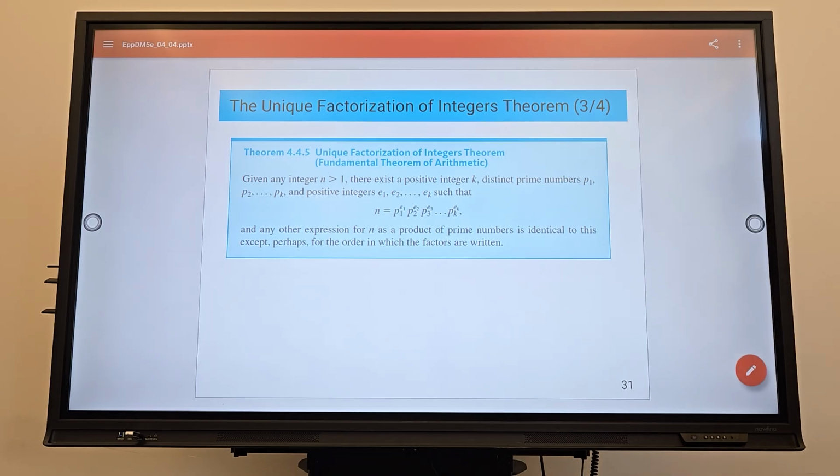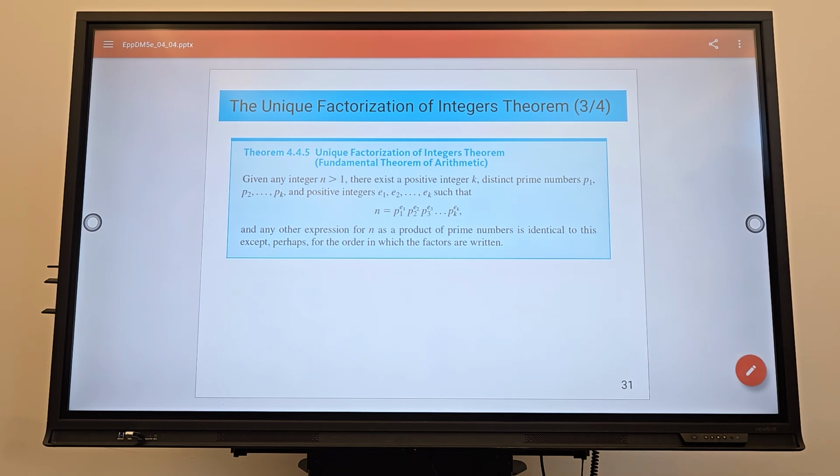Unique factorization of integers theorem. Given any integer n greater than 1, there exist a positive integer k, distinct prime numbers p1, p2, p3, etc. to pk, and positive integers e1, e2 to ek, such that n equals p1 to the e1 power times p2 to the e2 power, etc. to pk to the ek power.